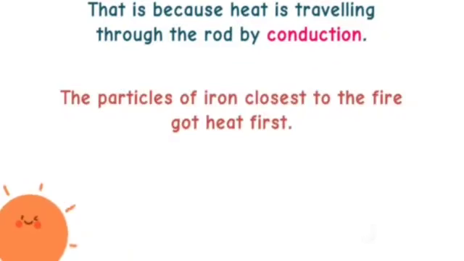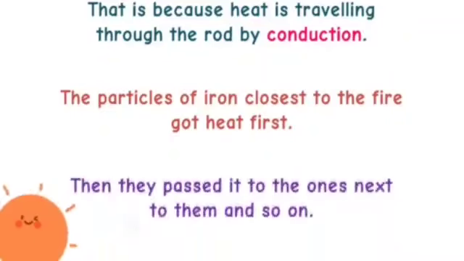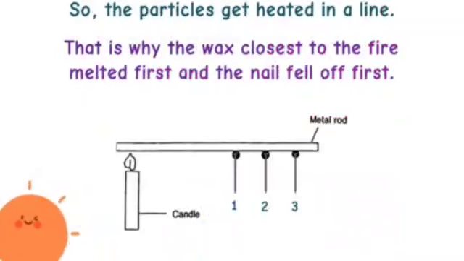The particles of iron closest to the fire got heat first. Then they passed it to the ones next to them and so on. So the particles get heated in a line. That's why the wax closest to the fire melted first and the nail fell off first.